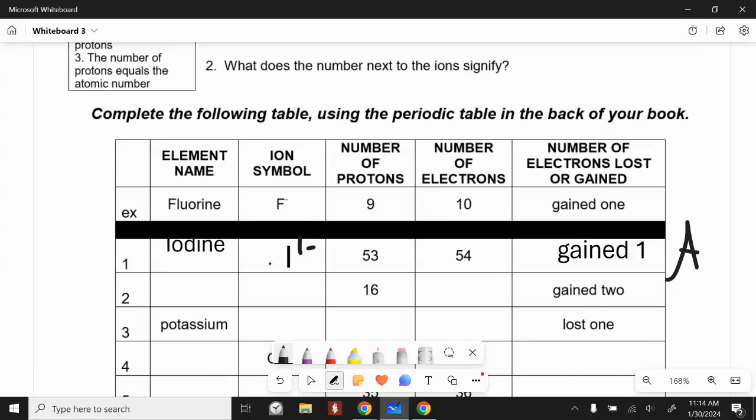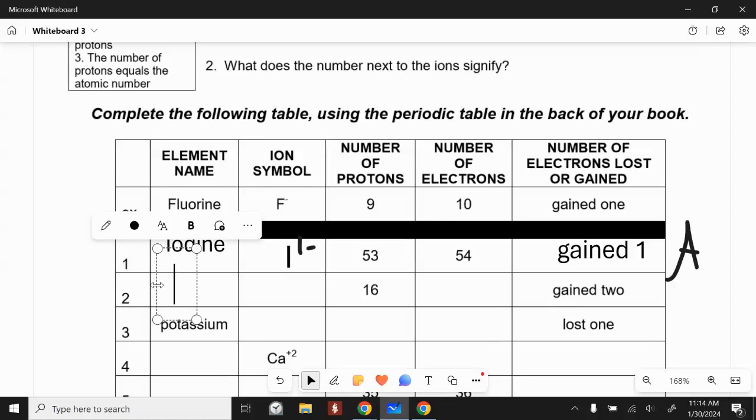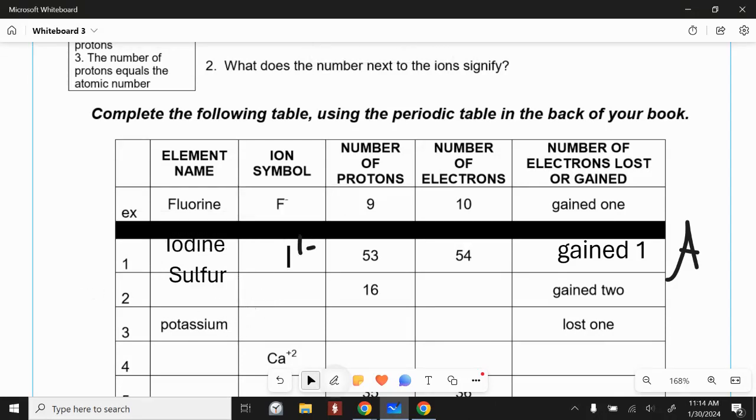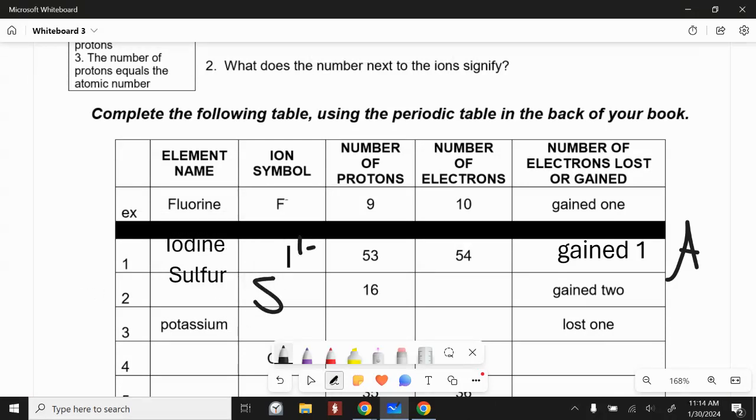And I am an anion. All right, so if I have 16 protons, I am going to have chlorine. I'm sorry, sulfur, my bad. And then sulfur will be here.